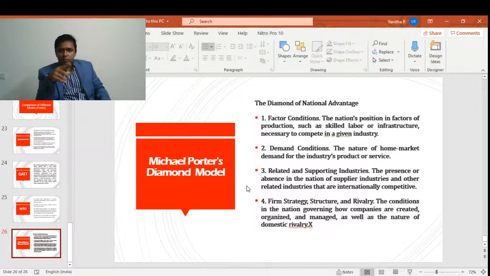Whichever company you see, first they have provided these products to their own country's people. So demand was there. Then later on they moved to different countries, and they never compromised on the quality. That is how over the years they got the competitive advantages.